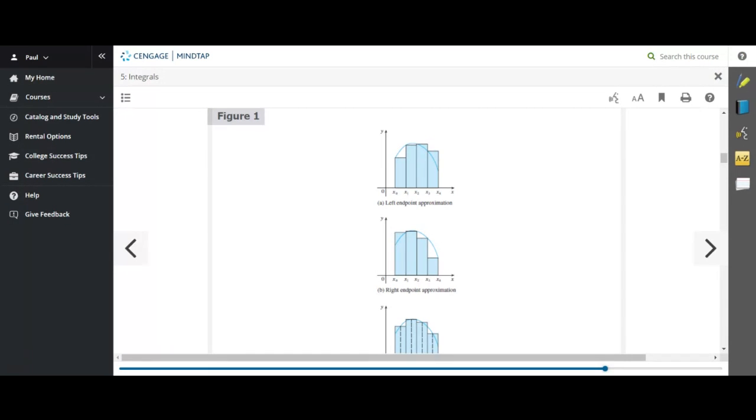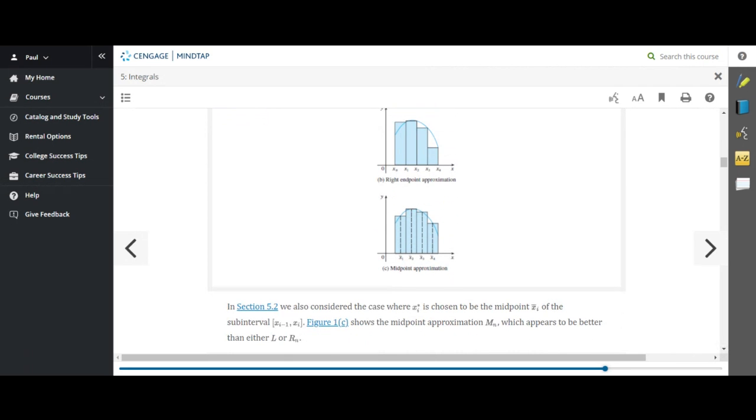So the function values of the right endpoints would be the heights of the rectangles for the different subintervals.